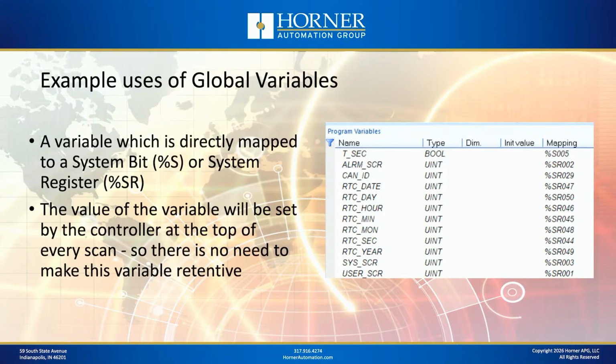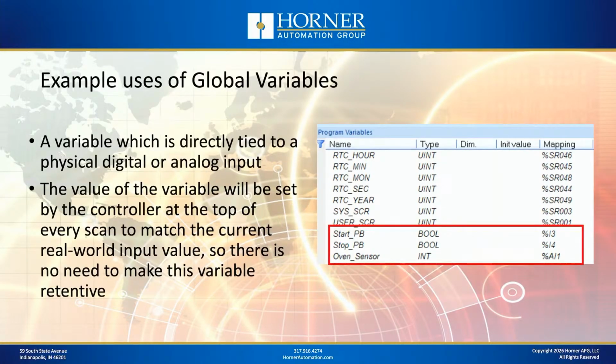So on that mapping column on the graphic on the screen, you can see the specific system bit or system register that each of these variables are tied to. So again, any kind of system bit or system register will be configured as global. All right, now let's talk about variables that are tied to real-world I/O points.